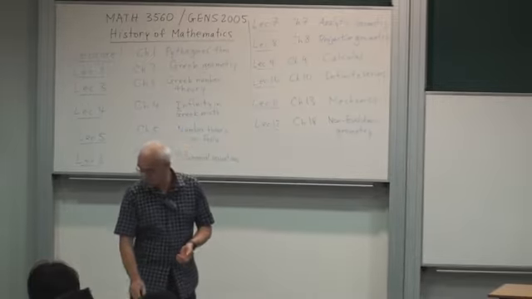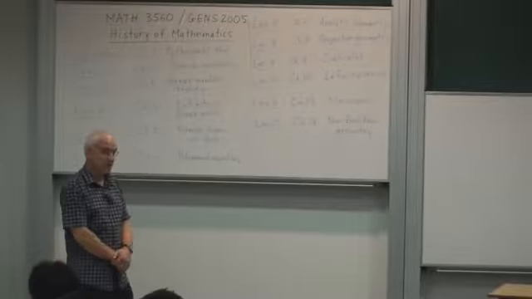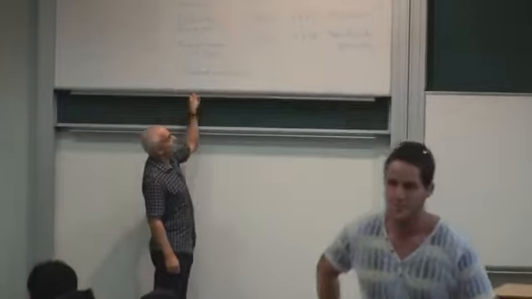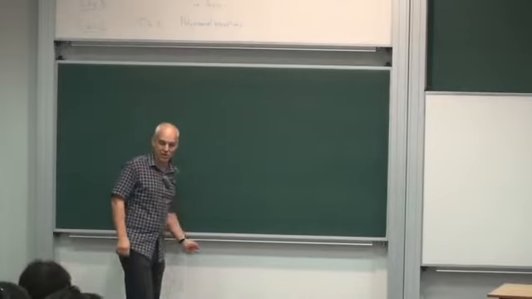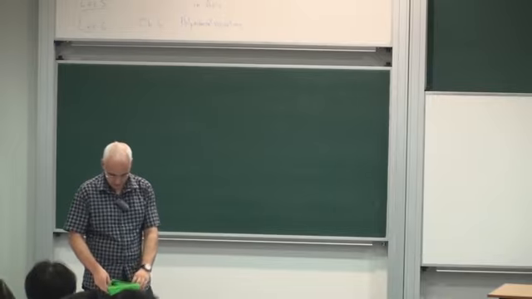All right, so our first lecture is a very good place to start with Pythagoras' theorem, which is probably the most important theorem in mathematics. Pythagoras' theorem. And that's a good place to start. It's also perhaps the first really major theorem in mathematics.